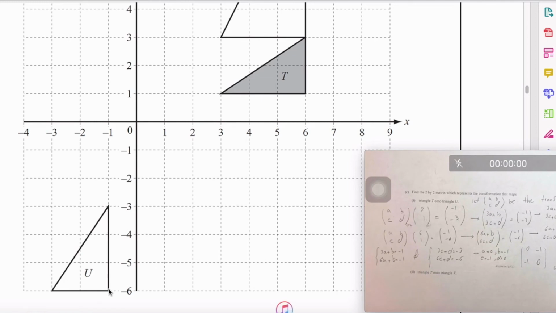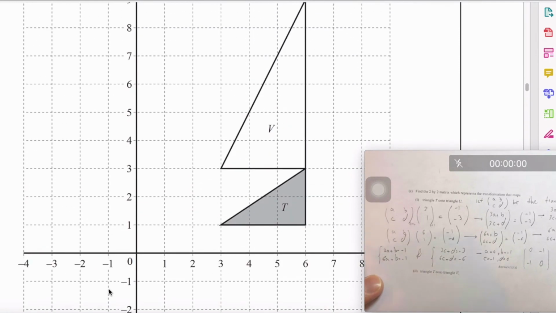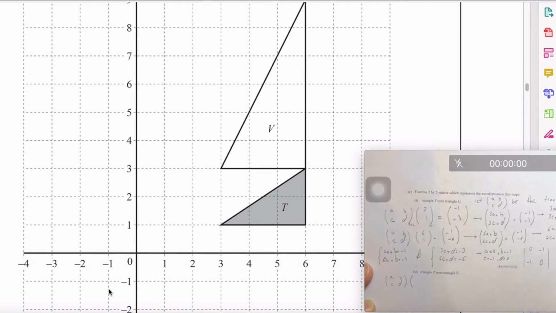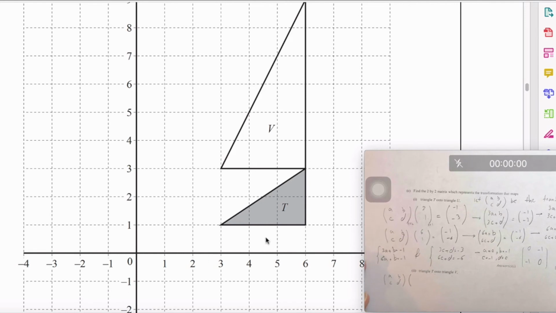Next one wants you to find the transformation matrix which maps triangle T onto triangle V. Look at the diagram here, T and V. Again, let ABCD be the matrix of transformation. So A, B, C, D multiplied by... I choose two vertices. For example, I choose 6 and 1.